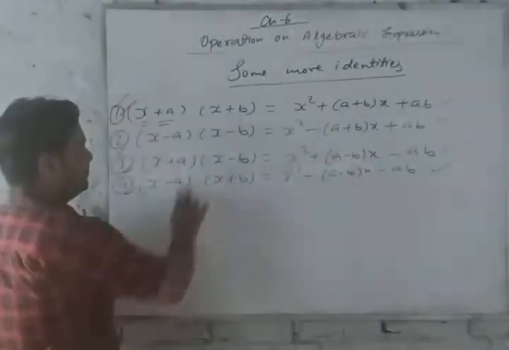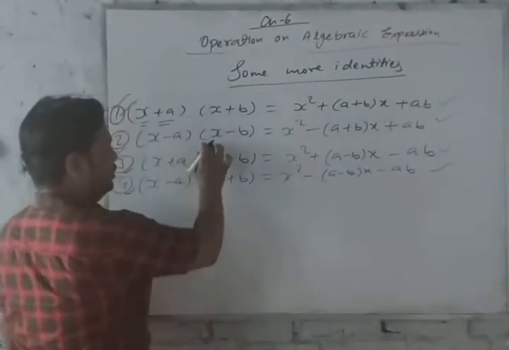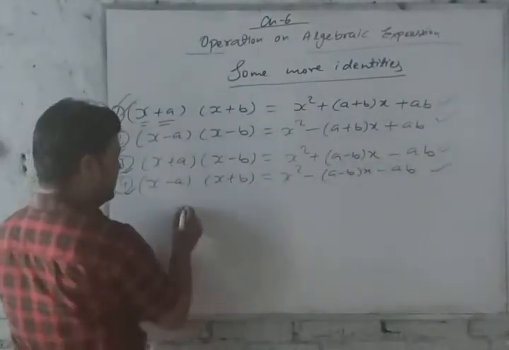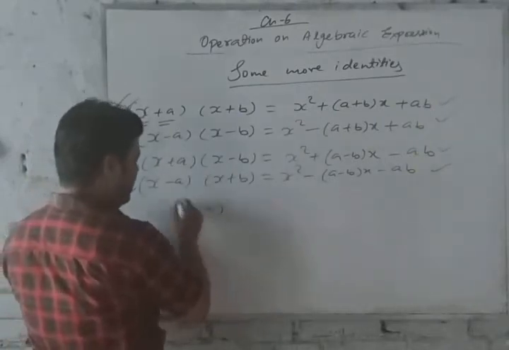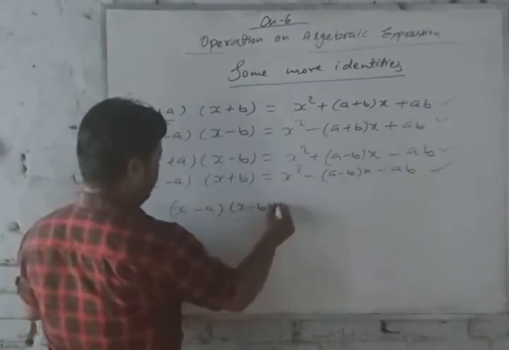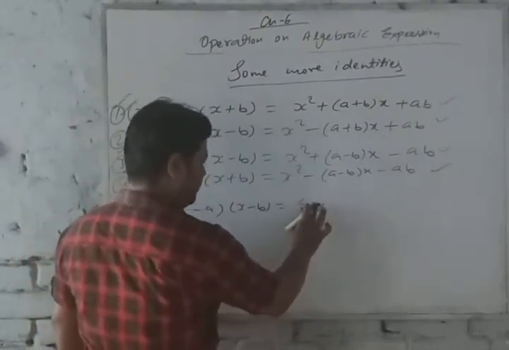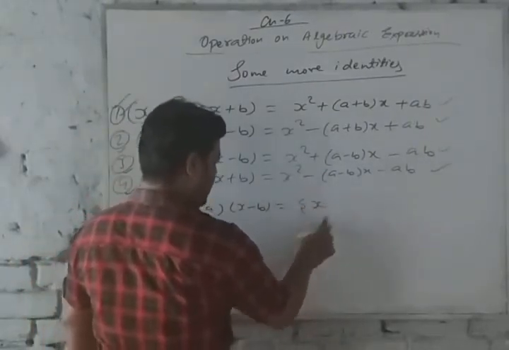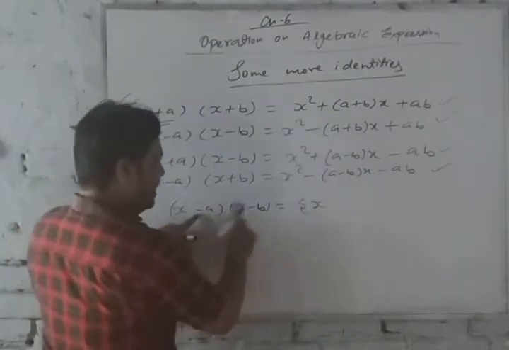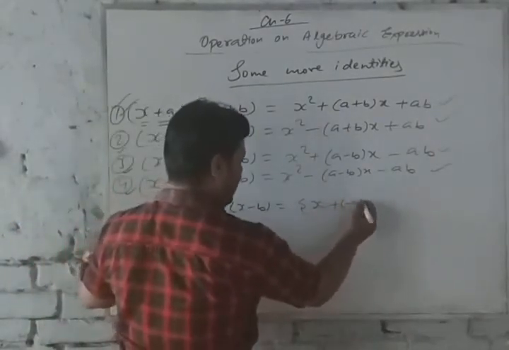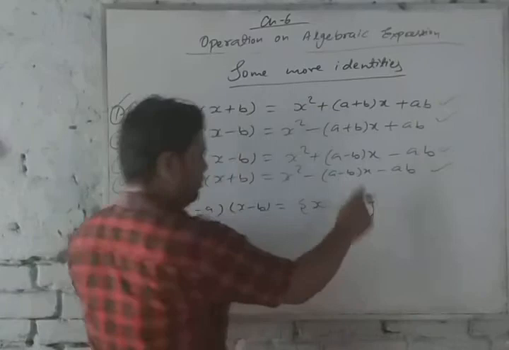If you learn this one, you can write the second identity like this. See, x minus a and x minus b. You can write it like this: x, instead of minus a, you can write plus and minus a. Now remove the bracket.